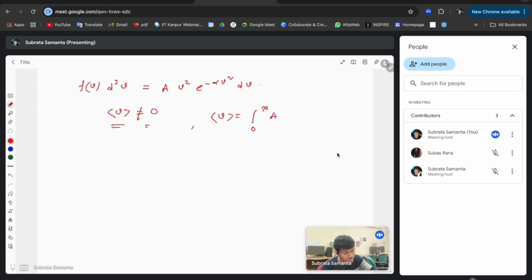This is the integral from 0 to infinity of A V square e to the power minus alpha V square times V dV, which is A V cube e to the power minus alpha V square dV. It gives a non-zero value because the limit is 0 to infinity.